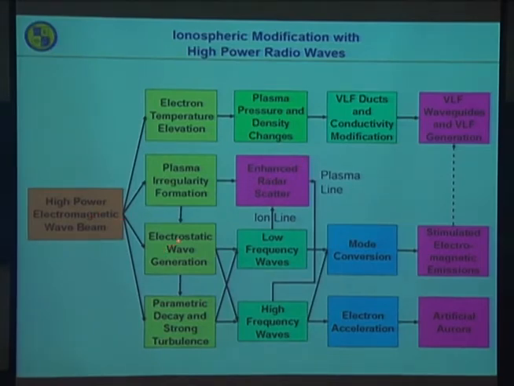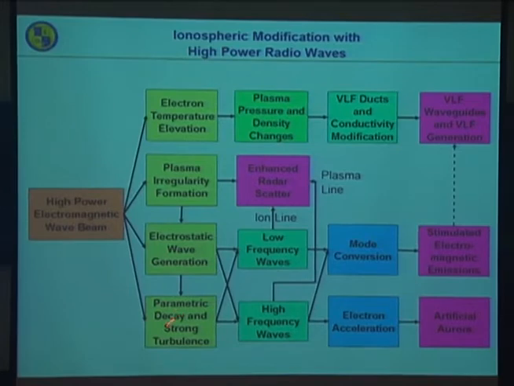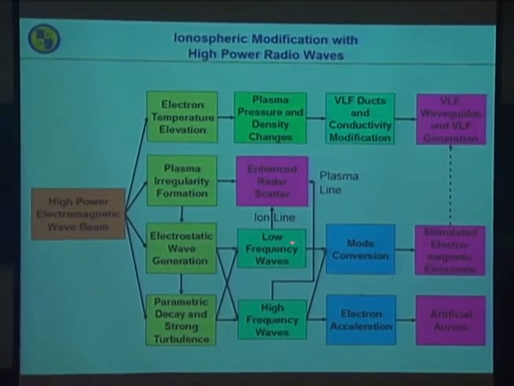You can generate electrostatic waves, and through parametric decay and strong turbulence, make low frequency and high frequency waves. And through mode conversion, you can have electromagnetic waves coming back to you at other frequencies. You can also use these high electrostatic waves to resonate with electrons, accelerate the electrons along magnetic field lines, and make artificial aurora. Next slide, please.